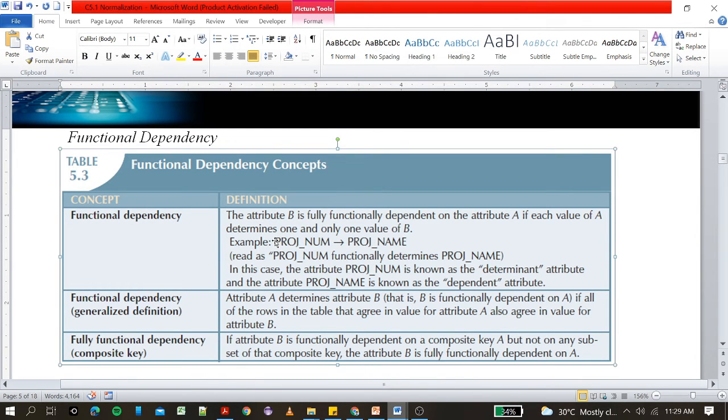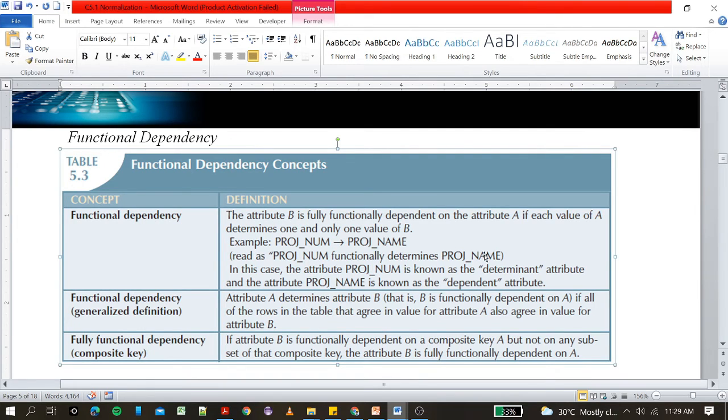So, kapag nakakita kayo ng ganito, ang base sa ganyan is the project number functionally determines the project name. Kasi ang tawag dito sa project number kung saan yun yung dinidependihan ng isa pang attribute, yun yung tinatawag na determinant. No?